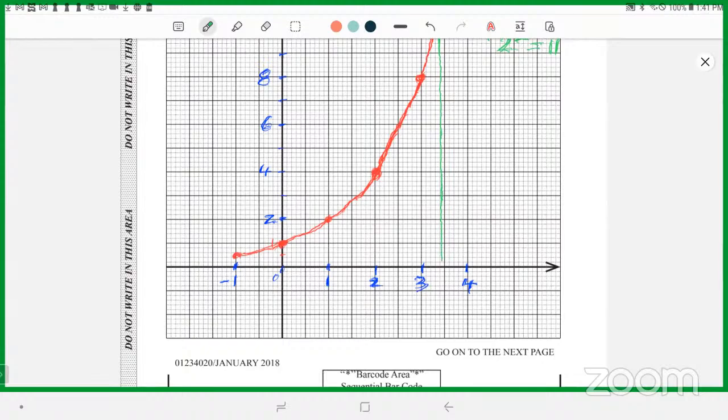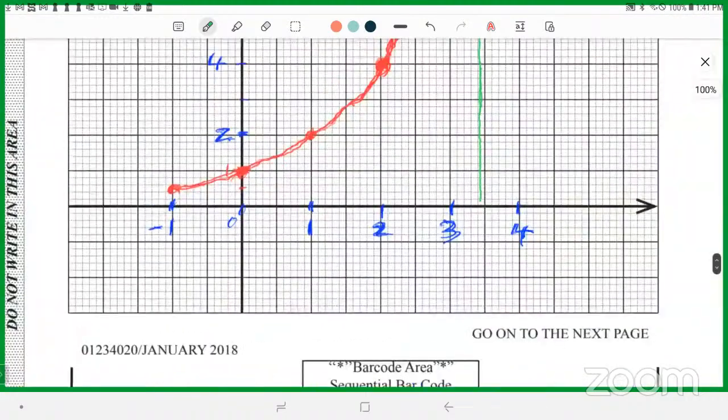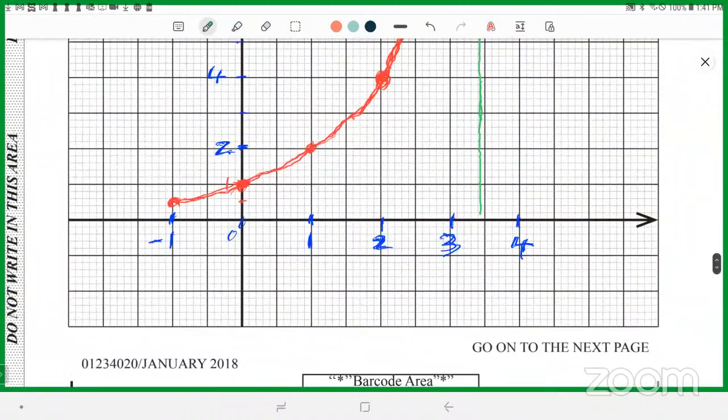Based on this sketch, remember there are 10 lines between 0 and 1 over here. So each of those little lines is 0.1, because it's 1 unit divided by 10 spaces. So right here will correspond to 3.4.